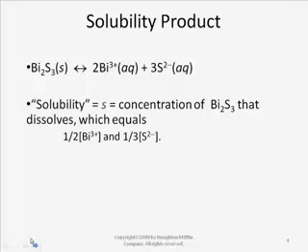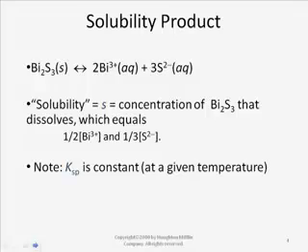Or you can think of it as the moles per liter of bismuth in the solution being 2 times the solubility of the bismuth sulfide. The solubility is the moles per liter that dissolves. So for every 1 mole of bismuth sulfide that dissolves, I get 2 moles of bismuth ions and 3 moles of sulfide ions.